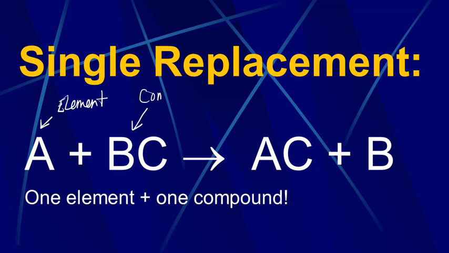So an element is being added to a compound. It's usually an ionic compound, although it doesn't really have to be. And what happens is A kicks out one of the elements in the compound. So in this example, A is kicking out B. And so B has been kicked out on the product side. It's all by itself. And A is pairing up with C. So that's a single replacement reaction.